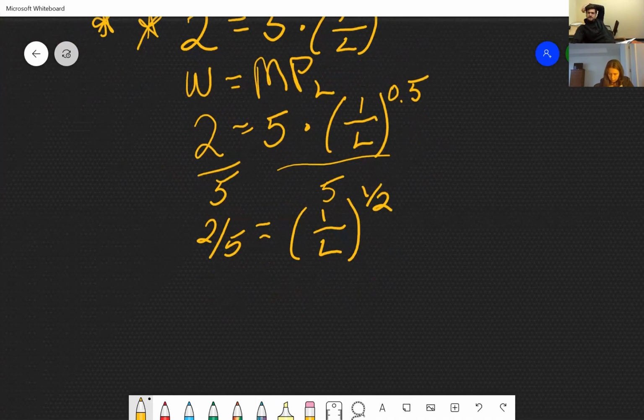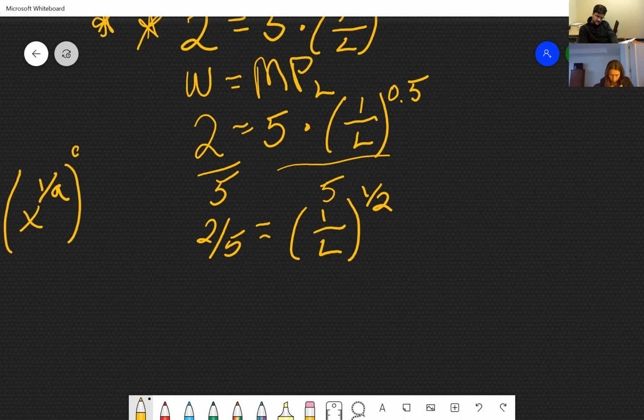And then how do we get rid of a 1/2? Well, we use our exponent rule, right? So x to the 1 over a, to the a power, is equal to x to the 1. The only way to free this from its little prison of being square rooted, right?